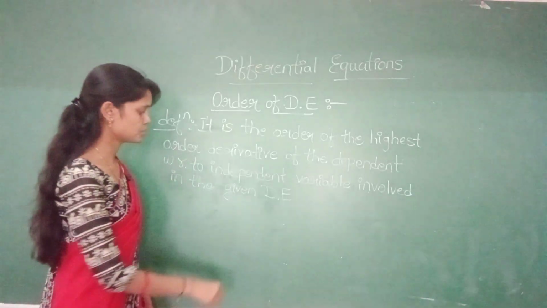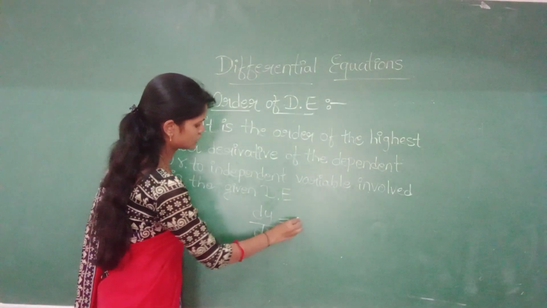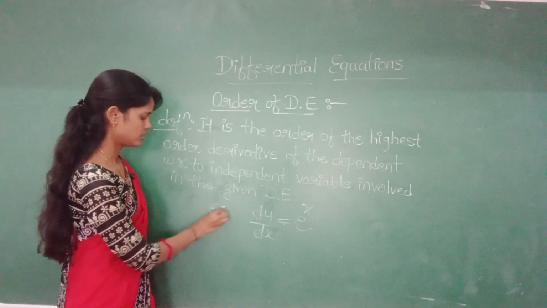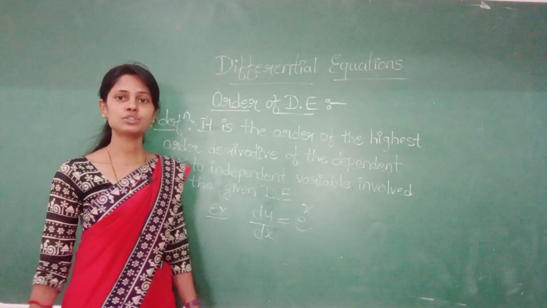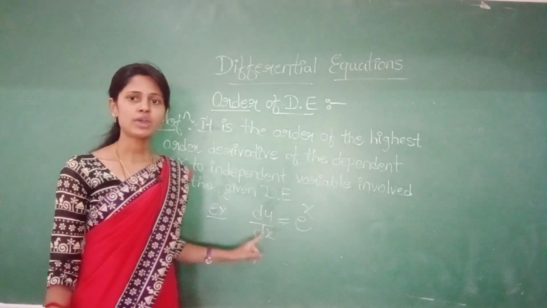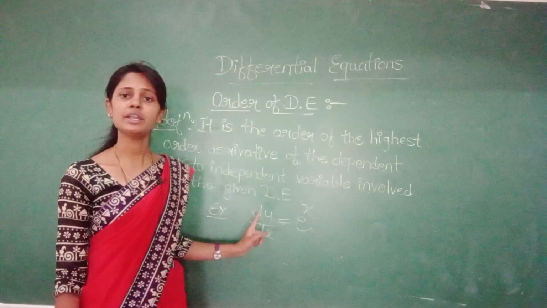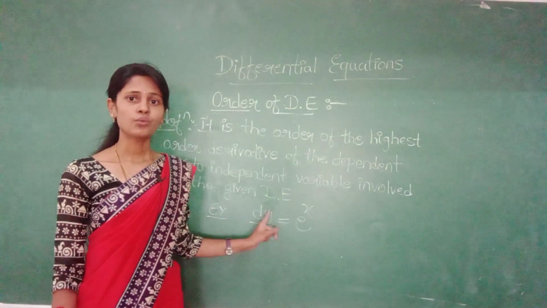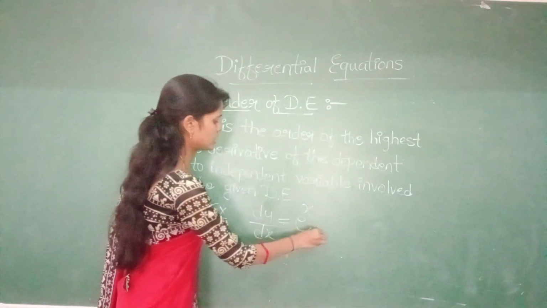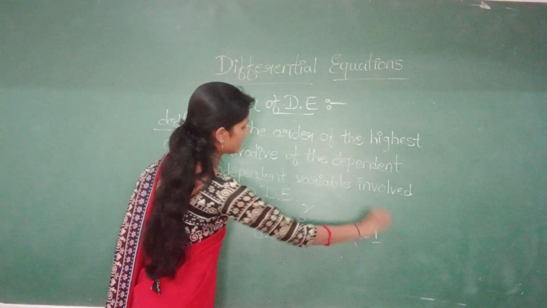So here, suppose we consider one example, dy by dx is equal to e raised to x. Here the derivative is dy by dx, and what is the highest power of that derivative? It is 1. So 1 is the order of the given differential equation. Therefore, order is 1, right?